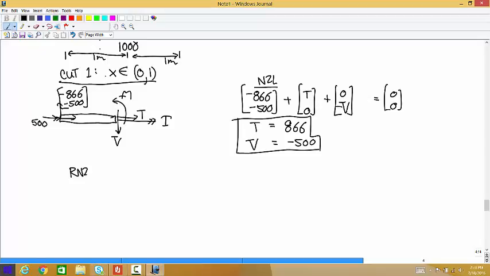And then the moment equation. First we'll do the moment about the z-axis. So our about point is at the left endpoint, so the negative 866, negative 500 doesn't produce a moment. The 500 is about the x-axis, so that doesn't appear here. What does is we have a plus M minus Vx equals 0. So M is equal to Vx.